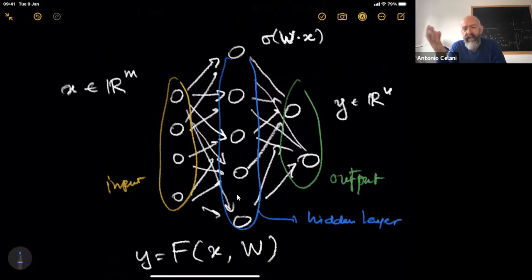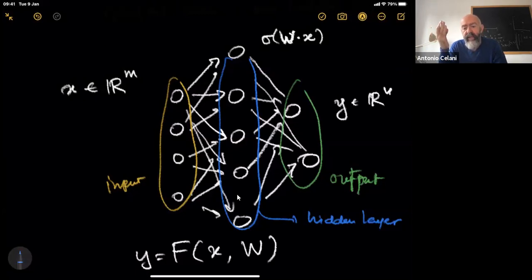You can prove that you might need an exponentially large number of these nodes in the hidden layer, so an exponentially large number of parameters, in order to approximate certain functions arbitrarily close. And these functions are not even very difficult to write down. So certain logical operations, for instance, require a lot of parameters to be described by a neural network like this.